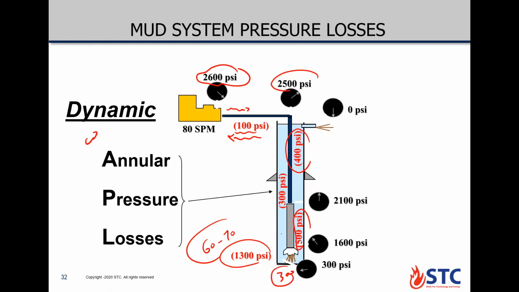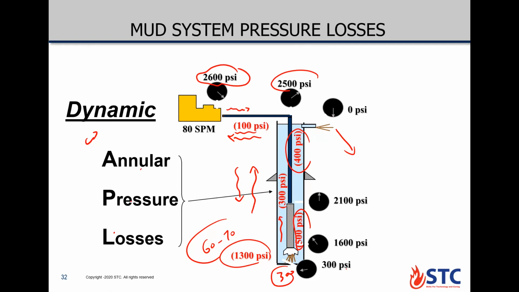To complete the movement and reach the flow line, we have 300 PSI to be lost in the annulus side. While moving from bottom to top, we have a friction from top to bottom. It's called annular pressure loss.